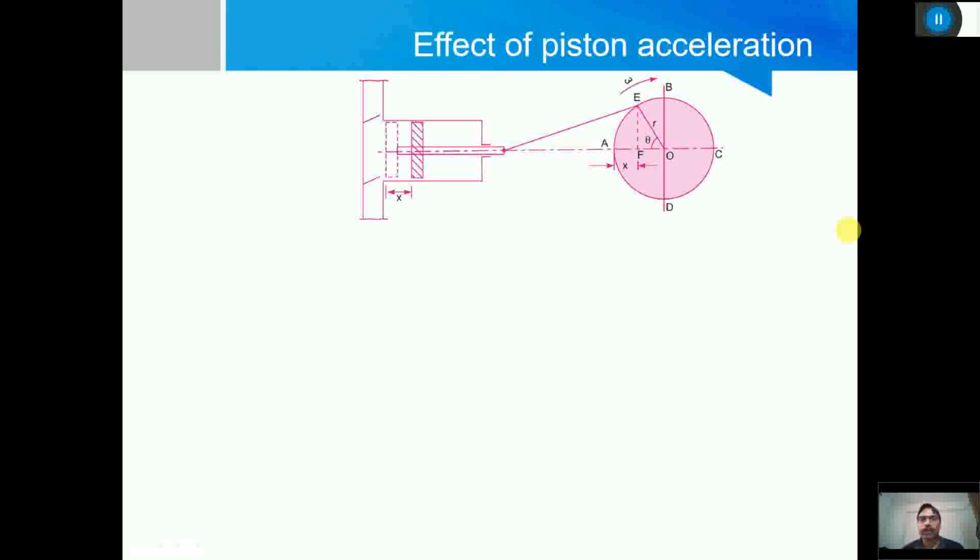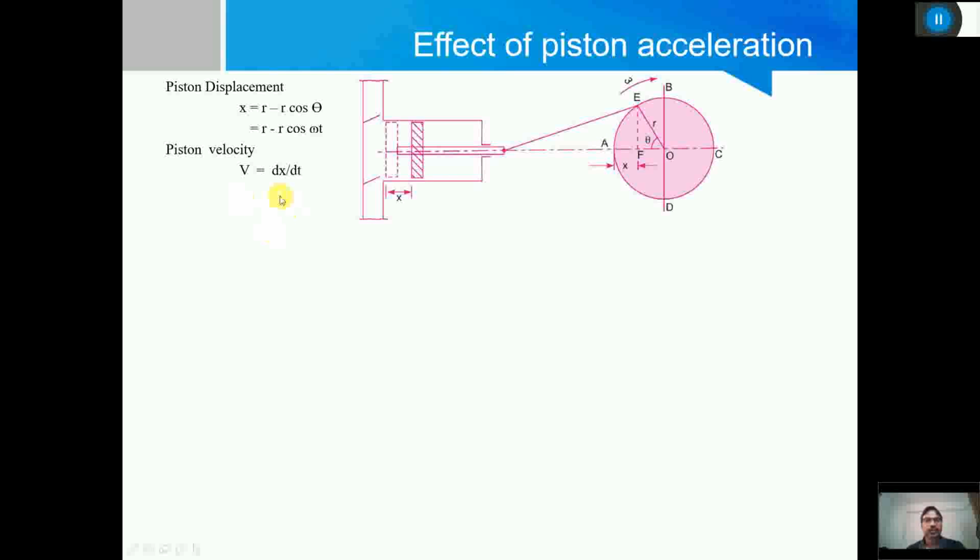Now see here the effect of piston acceleration. Already you know the piston displacement we can calculate from here. If r is the crank radius and omega is the angular velocity, then x we can calculate as the displacement of the piston, r minus r cos omega t.